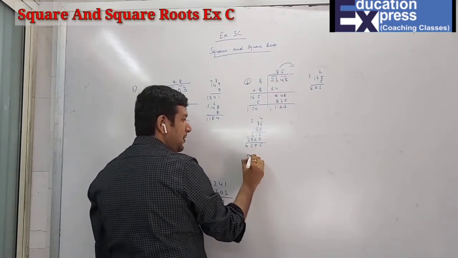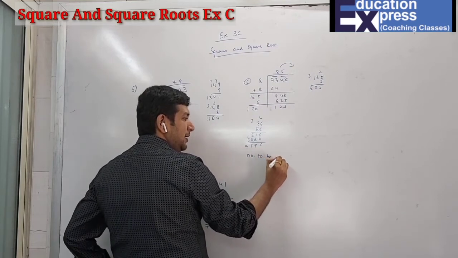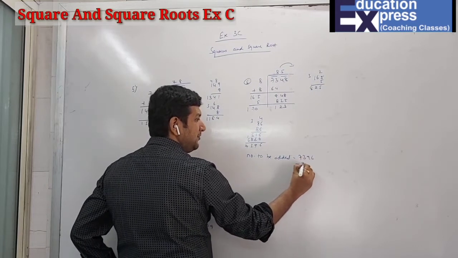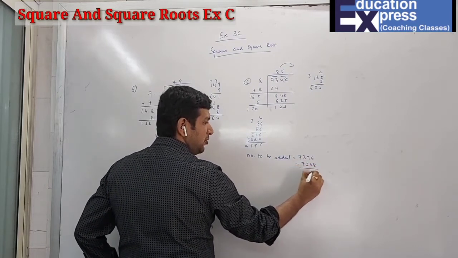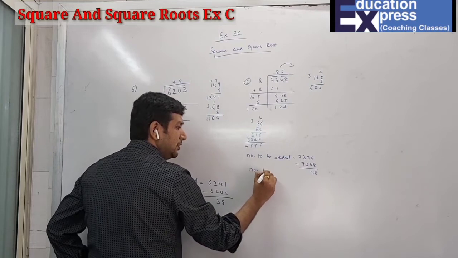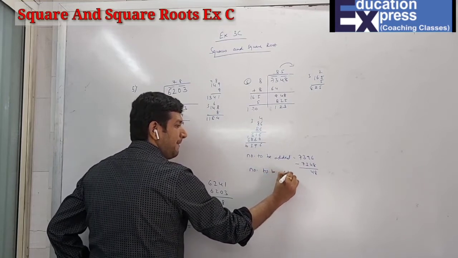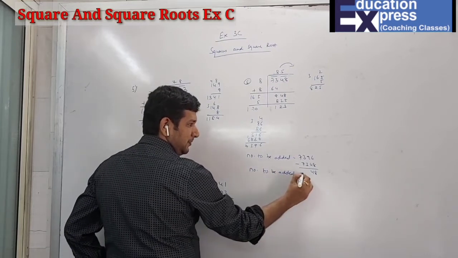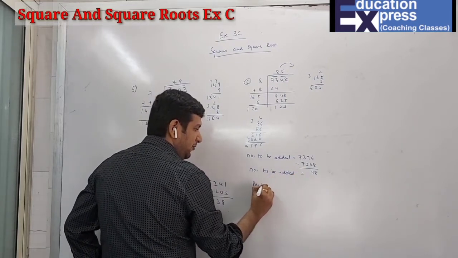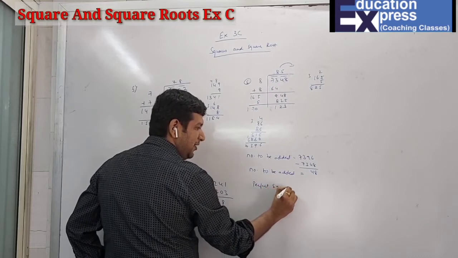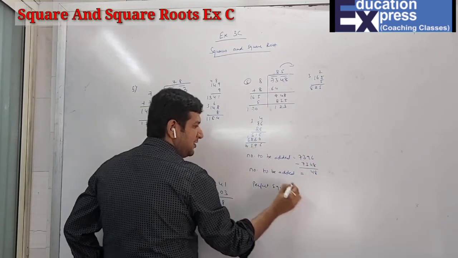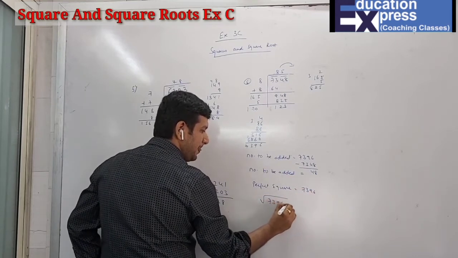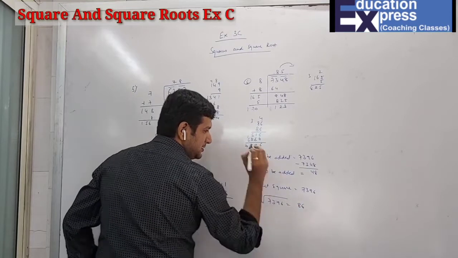So the number to be added will be 7396 minus 7348. Answer is 48. So the number to be added is 48. After you add 48 to this, obviously you get 7396, and the root for this will be 86.